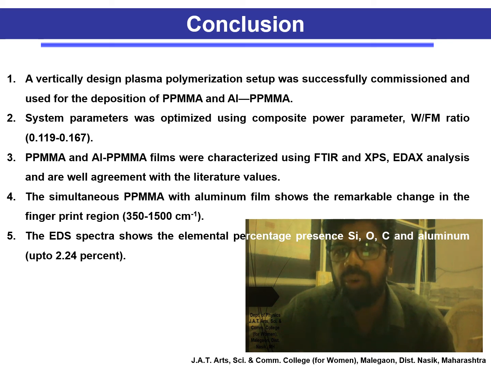The presence of single oxygen 1s peaks are also in good agreement with the reported literature values. The atomic percentages of carbon 1s and oxygen 1s depend on the operational parameters. The FWHM of the carbon peaks was in good agreement with the literature values.